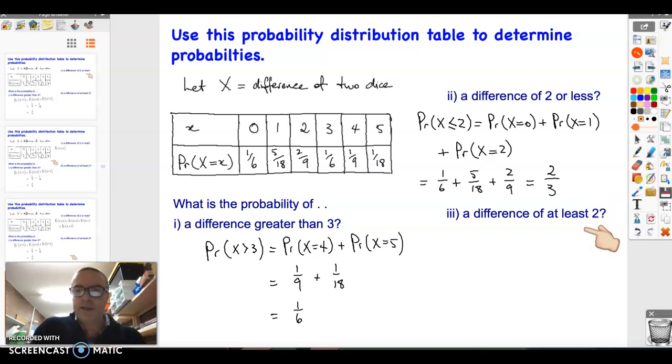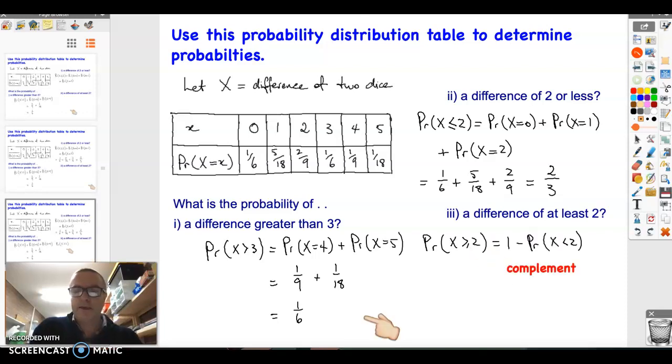What about the probability of rolling a difference of at least 2? So here we can see there are 4 possible values. So to save myself a bit of time here, I'm going to do this one slightly differently. So the probability that x is greater than or equal to 2 is, I'm going to use the complement. I can see that for the probability that x is less than 2, I need to take into account 2 values.